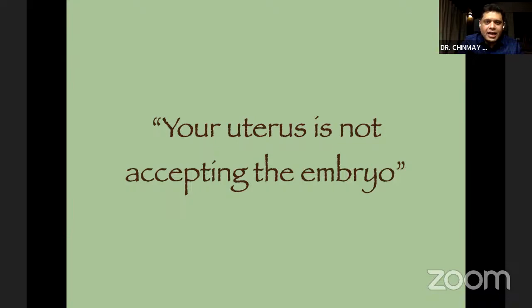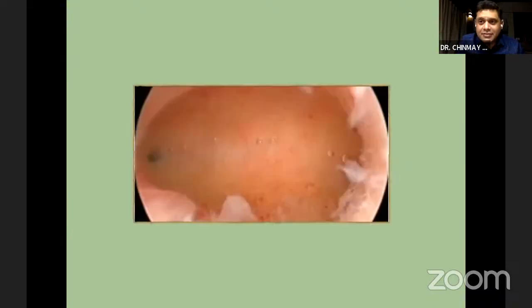Whenever a patient walks into the IVF clinic and undergoes a few cycles, this is the sentence they get to hear: your uterus is not accepting the embryo. Now, can we all put our hand on our heart and talk about this cavity? How much or how little do we know about this cavity, which can actually make a human being? Imagine, just for a moment, forget about the fact that we all are IVF practitioners, and just imagine a human being creating another human being in their own body.